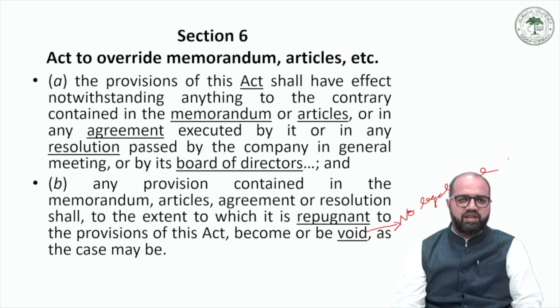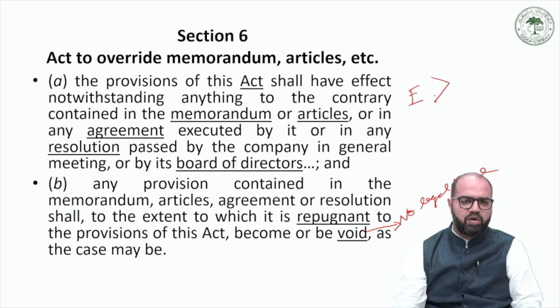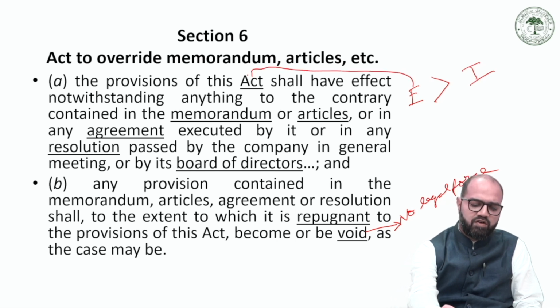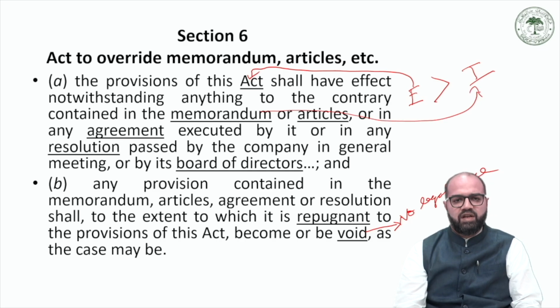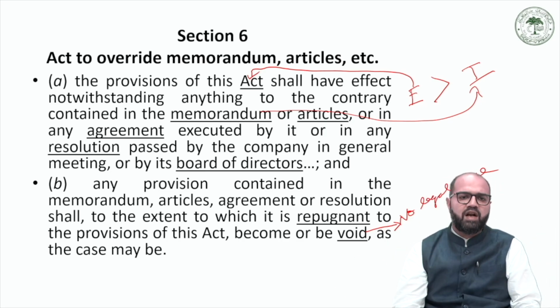So section 6 essentially lays down that the external sources of company law are considered to be more important or sacrosanct as compared to internal sources. For example, here we have the external source of an Act and the internal source of memorandum and articles. In case of conflict between external sources on one hand and internal sources on the other, it is the external sources that are going to prevail.